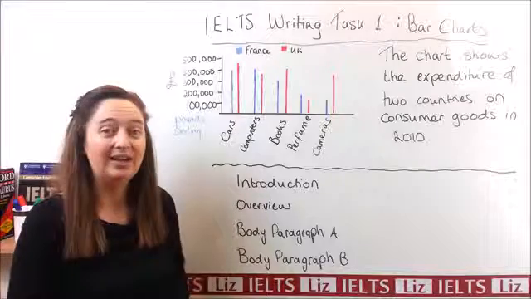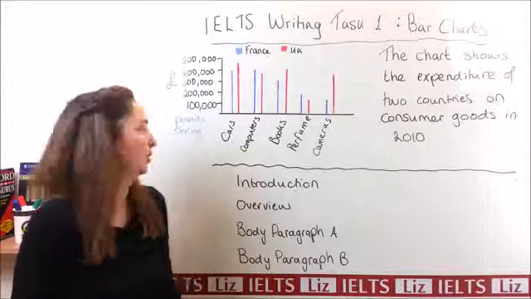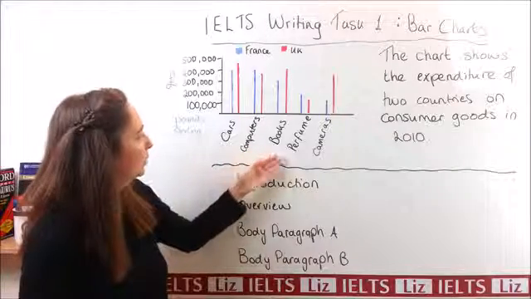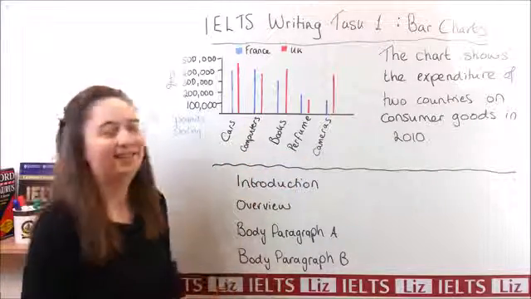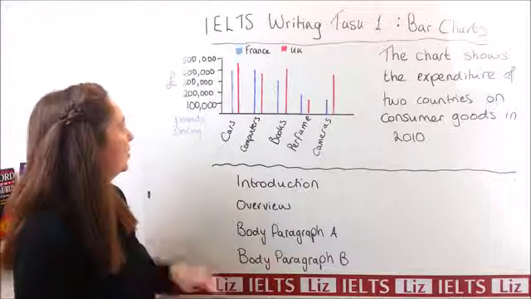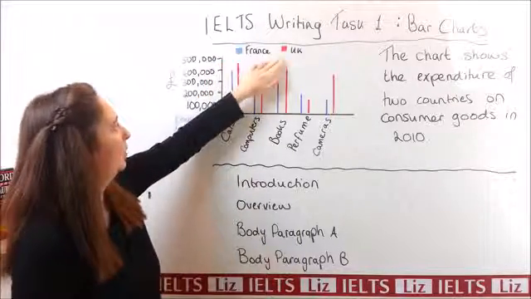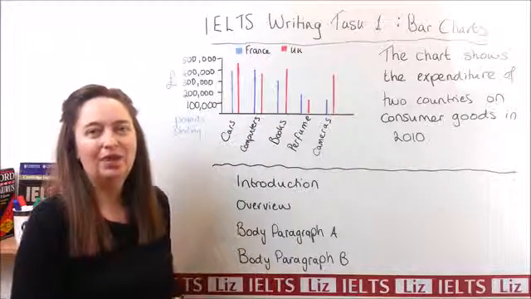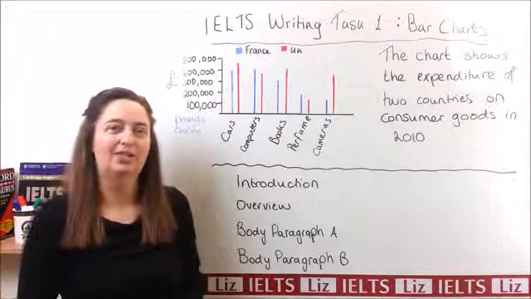So we've got 5 different types: cars, computers, books, perfume and cameras. And if we look further, we can see the 2 countries, one in blue and one in red: France and the UK. So that is our bar chart for this lesson.